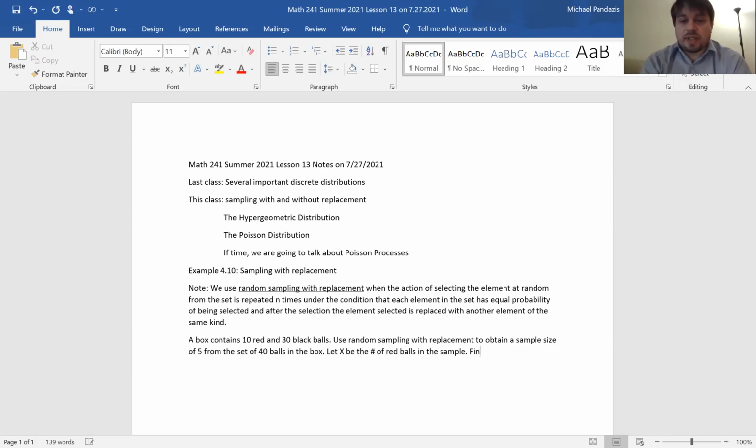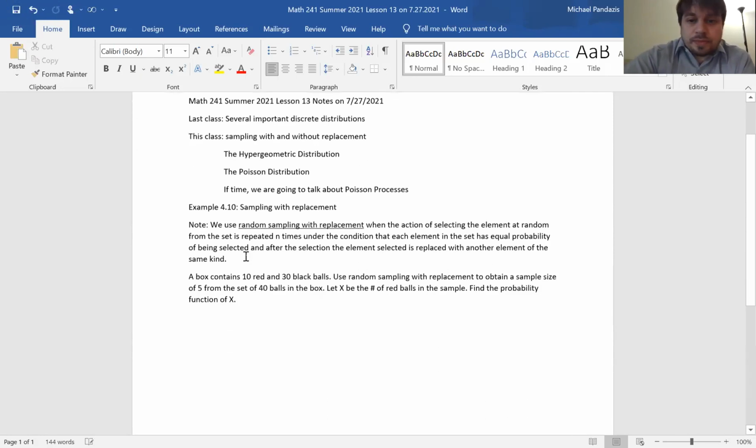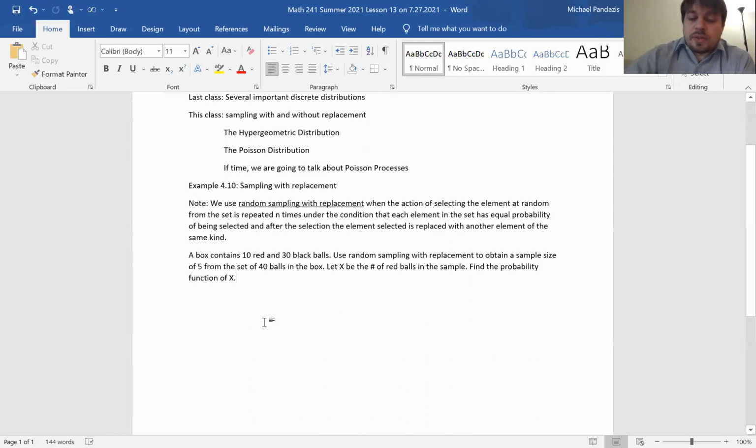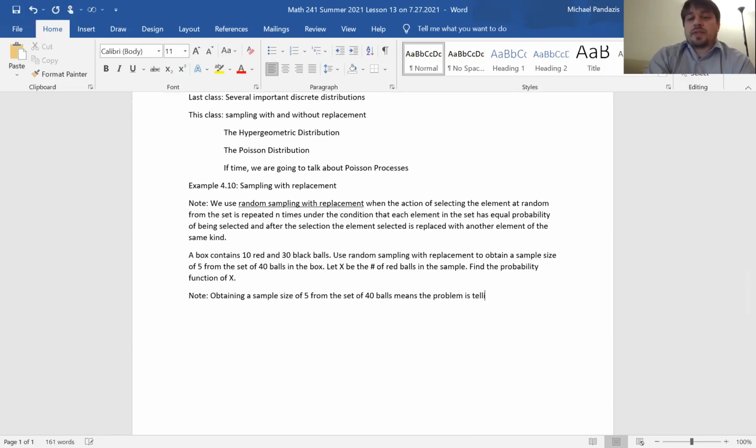Find the probability function of capital X. Note that obtaining a sample size of 5 from the set of 40 balls means the problem is telling you that 5 balls are selected from the box.